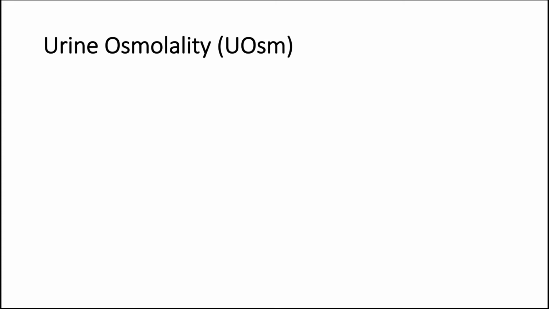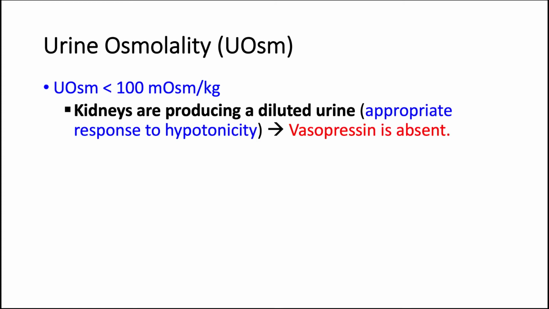So what about the next step, which is urine osmolality? When the urine osmolality is less than 100, that means that the kidneys are producing a diluted urine. And that's an appropriate response to a plasma hypotonicity, right? The kidneys are the organs that maintain homeostasis. If your tonicity is low in the plasma, then the kidneys should get rid of free water in the urine and dilute the urine to a maximal level, which is a urine osmolality less than 100.